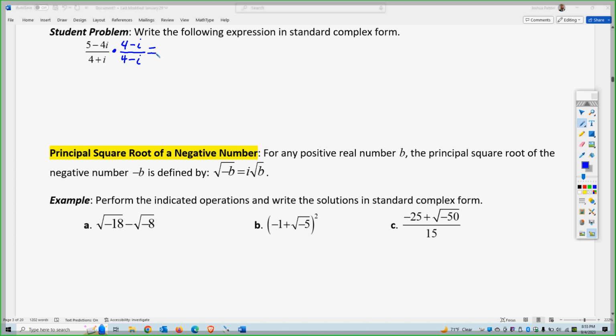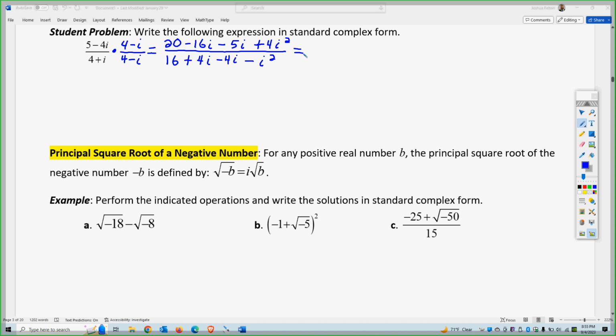So if I distribute the top, I'm going to get 20 minus 16i. Let's see, minus 5i, and then that's a double negative, so that's plus 4i squared over, okay, so on the bottom I get 16 minus 4i plus 4i, right? And then minus i squared.